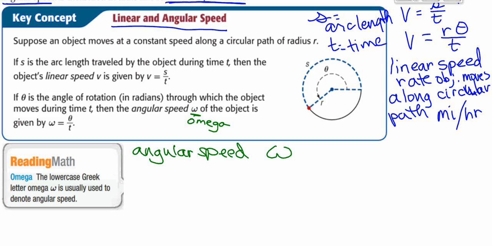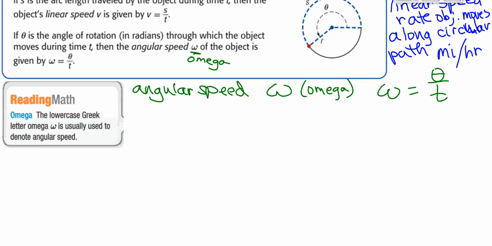Omega, and that's as close as I'm ever going to get, omega. And that is omega equals theta divided by t. So that angle that we're going through divided by the time for that. And so then just making sure we understand angular speed as well.